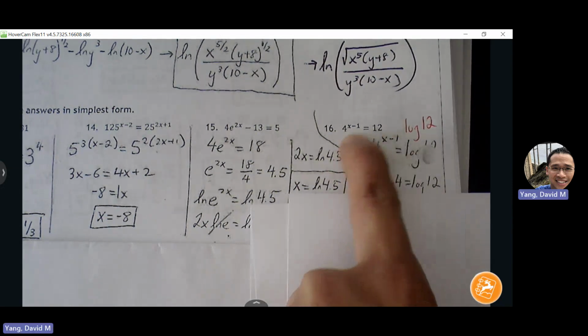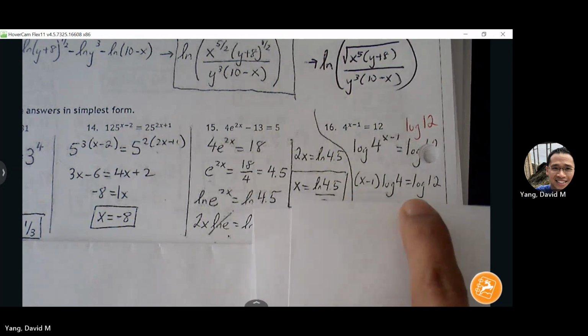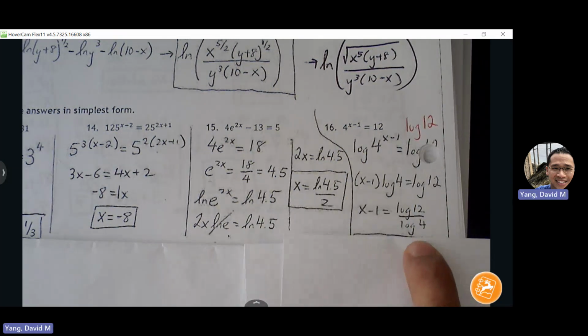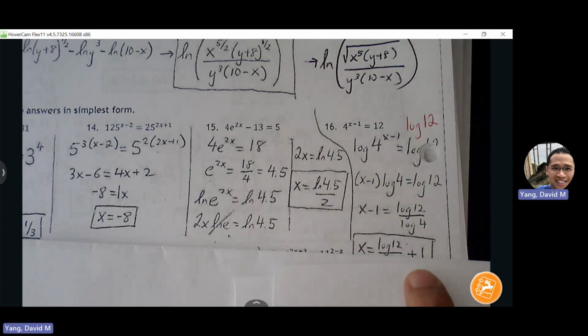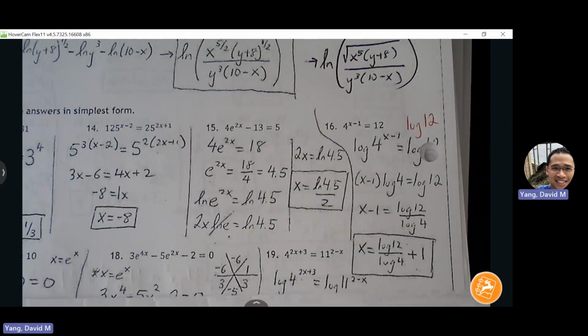Once I'm inside the log expression, that x minus 1 comes down. Log 4, log 12, get those to divide out and get a decimal value out of it. Sorry, I didn't create a decimal value, but let's do it right now. Why does the log 4 just move over? I divided both sides by log 4.